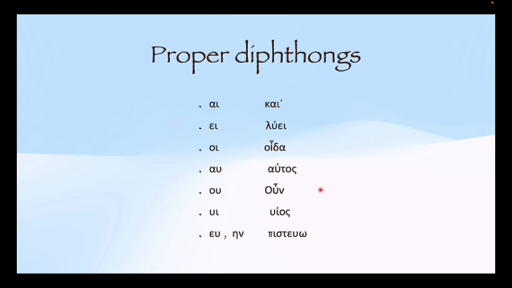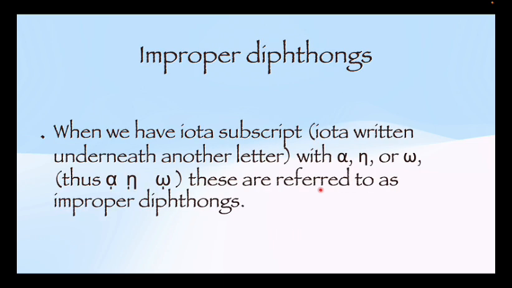These are not two separate vowels. They don't produce two separate sounds, but they have one sound. That's why they are called diphthongs: two vowels with one sound. So your job here is to identify them.